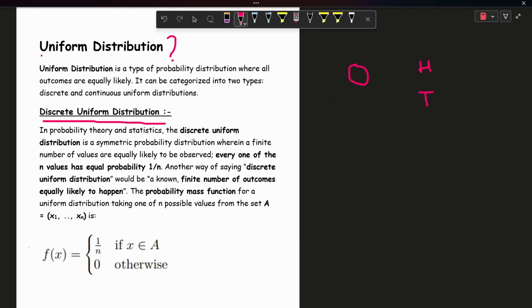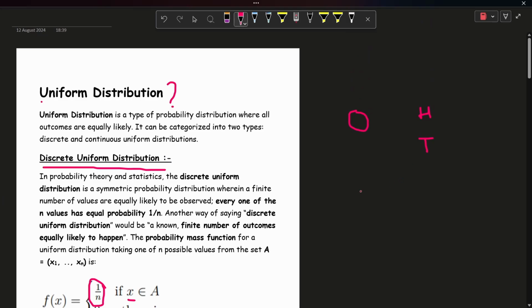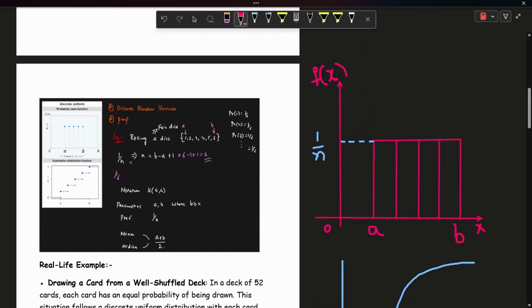Here there are two outcomes, so A will be heads, tails. Here x is nothing but the random variable, and this is the probability 1 by n. The probability of getting a head is 1 by 2, as there are two outcomes. N is nothing but the number of outcomes. The probability of getting a head is 1 by 2, and the probability of getting a tail is 1 by 2. Both are equally likely to occur.